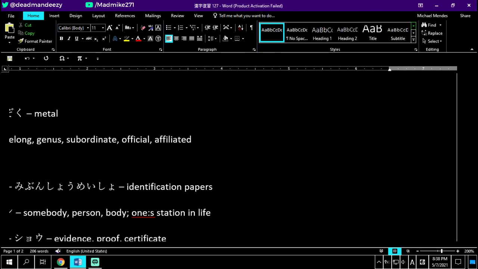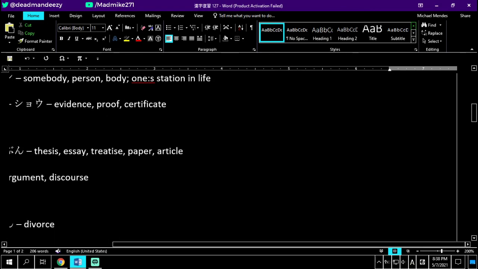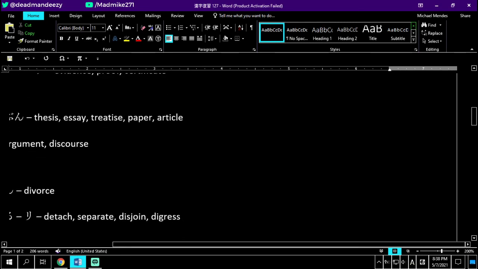Certificate. 証, 明. 身分証明 for bright, 証 for right. Next, a thesis or an essay is a 論文, with 論 for argument. 文 is a script. The script of an argument.